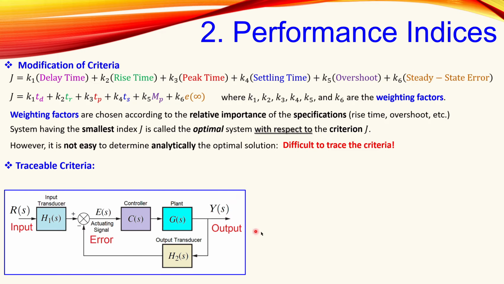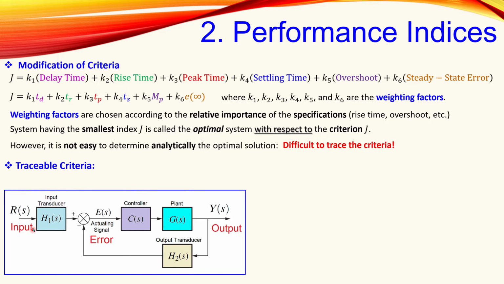This is a very general feedback control system. We have our plant and there is a controller in cascade. This is shown here in a feedback configuration where you measure the output using an output transducer. We give it here to a summation point, and also you command here at the input via an input transducer. So you transform your input signal.